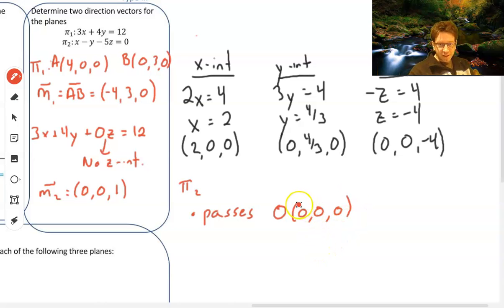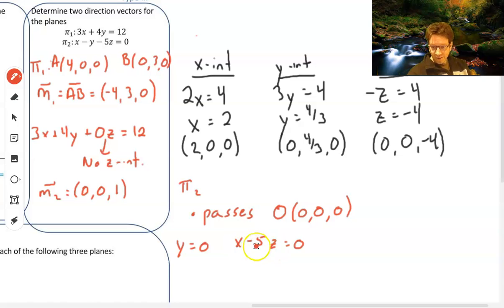Okay. Now, if we were to set y equal to 0, the equation becomes x minus 5z equals 0, right? Which would be a line that cuts through the xz plane.